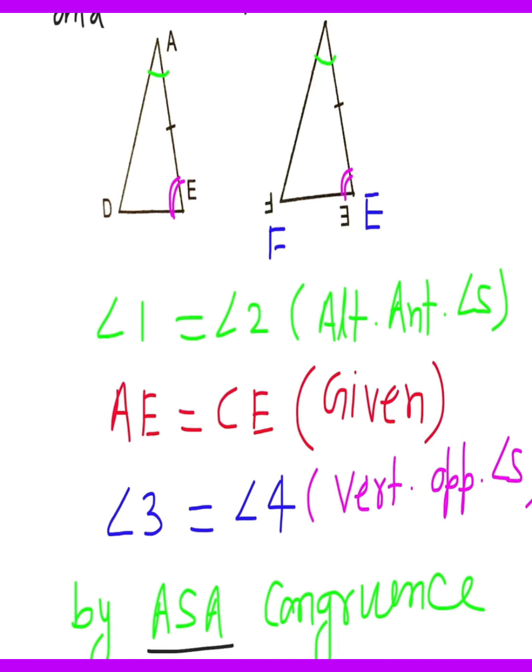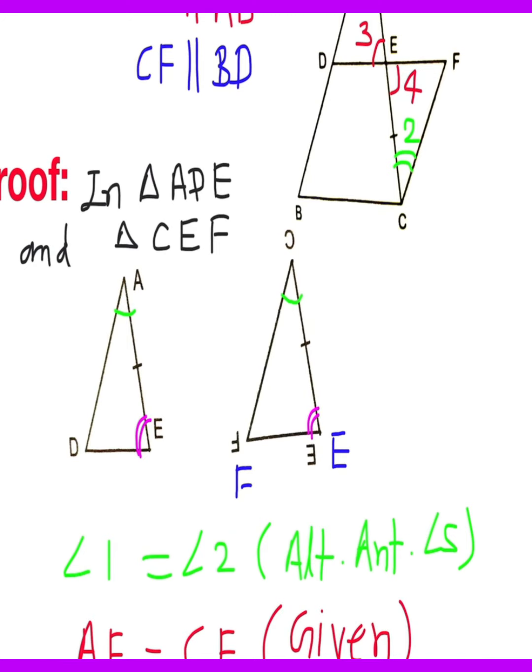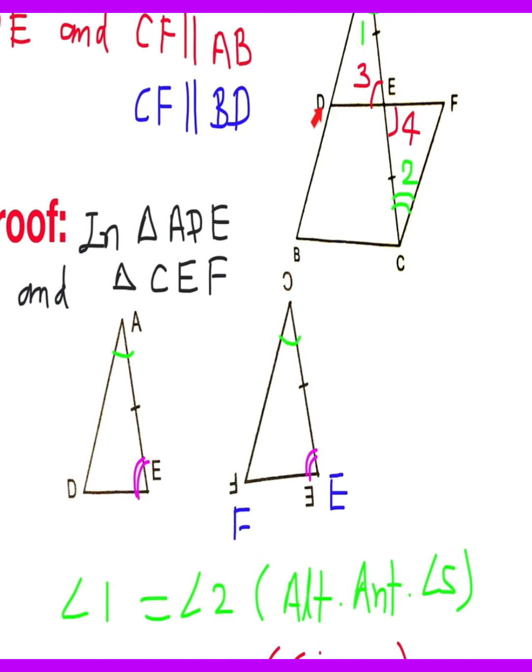So here you will prove by CPCT that AD equal to CF and DE equal to FE. You will write this result in this diagram.